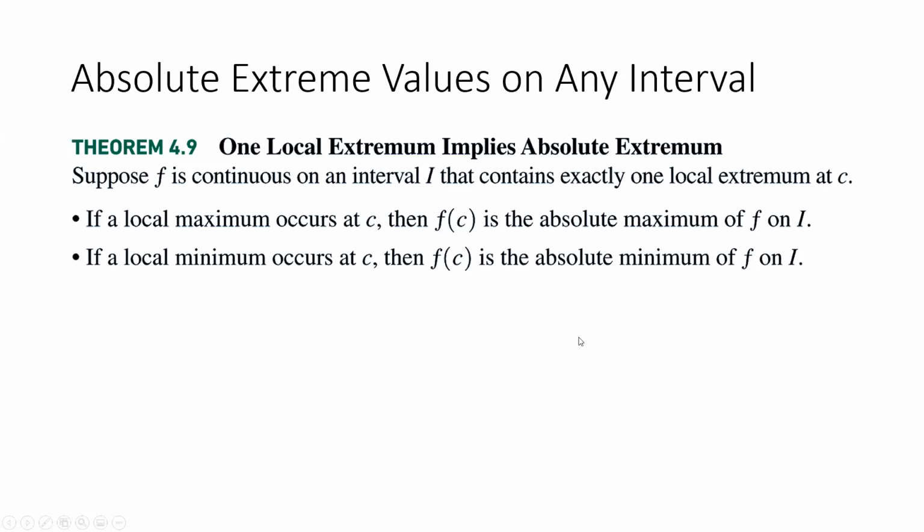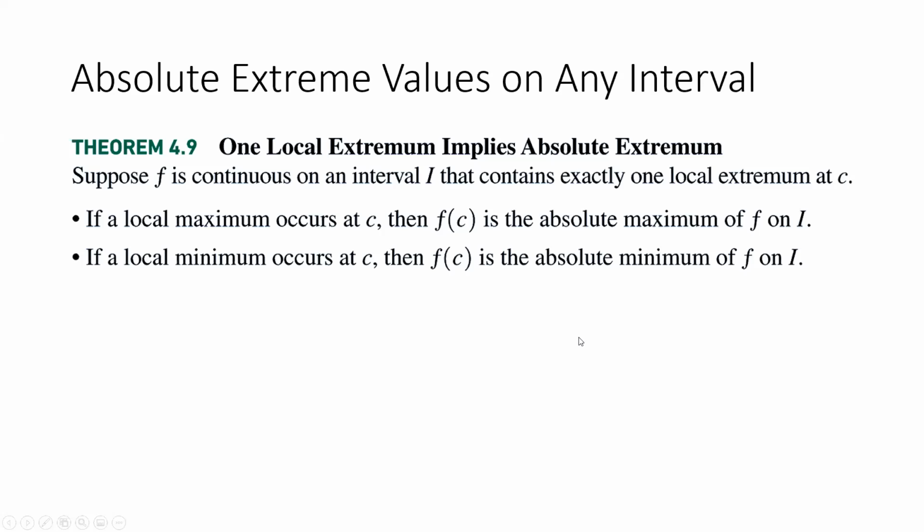It says that if I have a function that has exactly one extreme value, then I know that must be our absolute extreme value. In other words, if I have one local maximum, then that must be our absolute maximum.